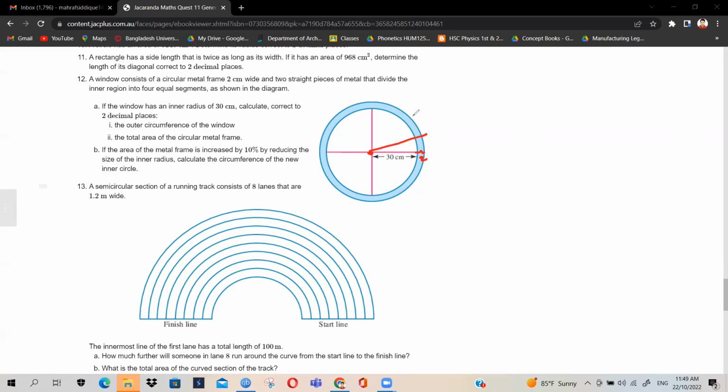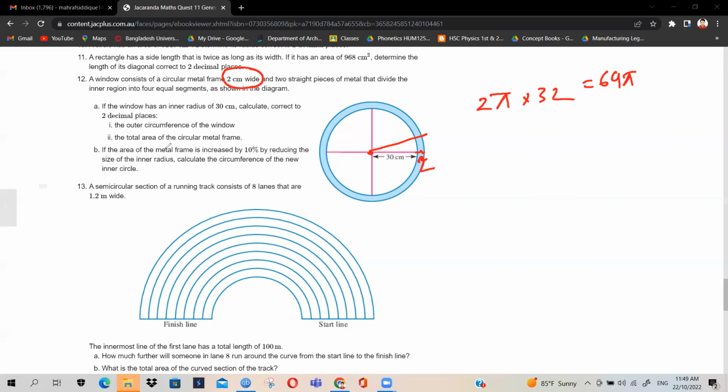Tell me. 30 plus the x. Not x, it's 2. Oh, 30 plus 2. The metal frame is 2 centimeter wide, okay? So now you can understand the circumference will be 2 pi into 32, right? That is 64 pi.